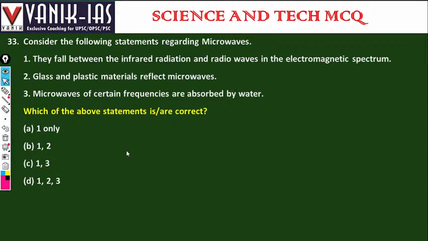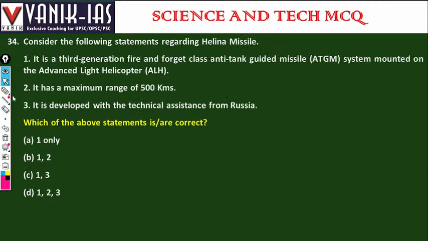Next, consider the following statements regarding microwaves. They fall between infrared radiation and radio waves in the electromagnetic spectrum. Then, glass and plastic materials reflect microwaves. No, microwaves can pass through glass and plastic materials. That's why we use them in a microwave oven. So the second statement is wrong.